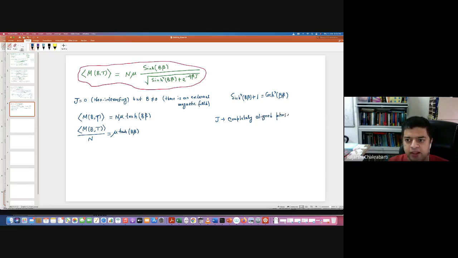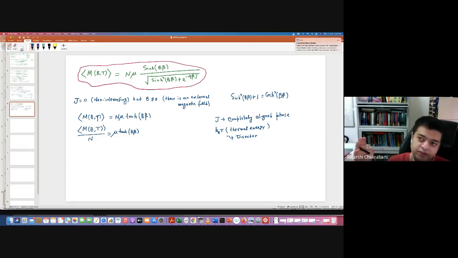So higher the value of J, I should go more towards ferromagnetic phase. And kBT is thermal energy, no? What does it do? Disorder, no? Because it will try to make the system more like magnetization 0, which is basically like a paramagnetic system, isn't it? That is what one should do.